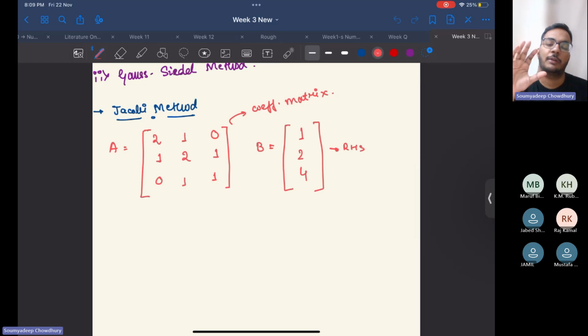Suppose your actual values of x are 5, 6 and 7, and your initial values are given as, say, 100, 200, 300. So those are totally different. You need to approach from 100, 200, 300 to 5, 6, 7.